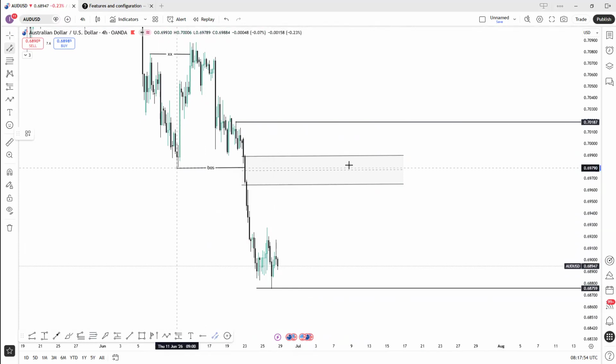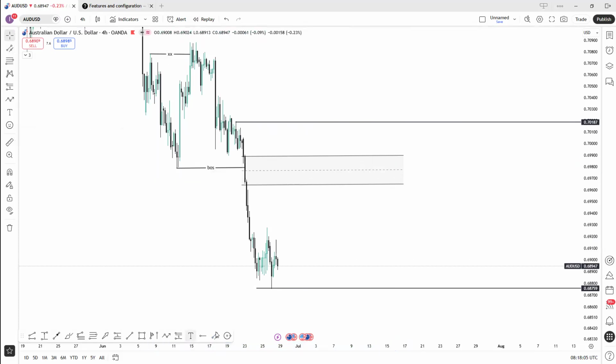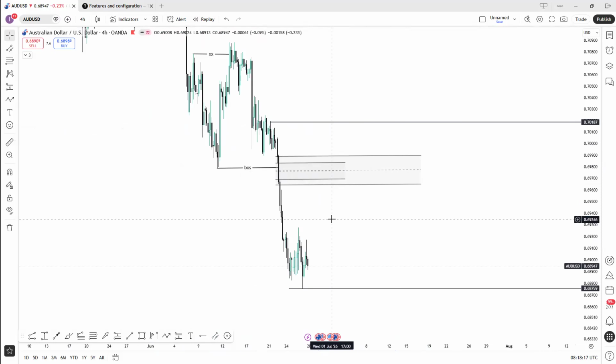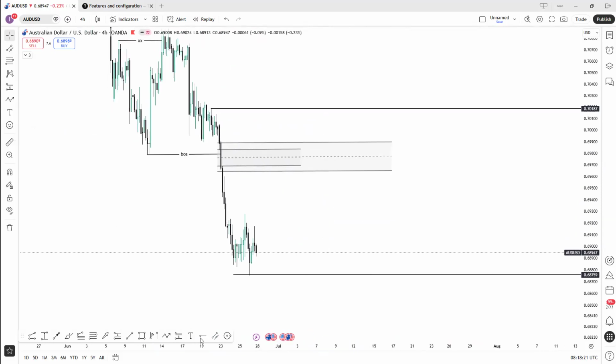You can see price broke that previous low, so it left a very good resistance. Also, we have a fair value gap on that area. Let's point it out, we have this FVG here. So this zone is a very strong zone for sales.